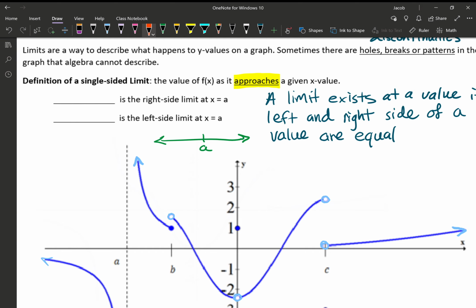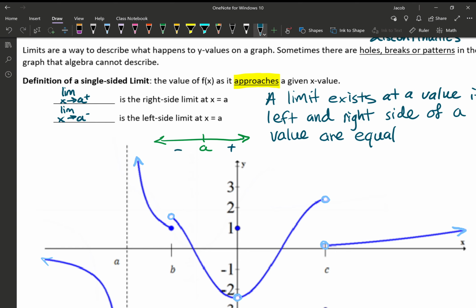And there's some symbols we use for limits. So the limit as x approaches a from the right side, to the right side of a, and then the limit as x approaches a from the left side is just indicated with a negative as the superscript or the exponent on a.